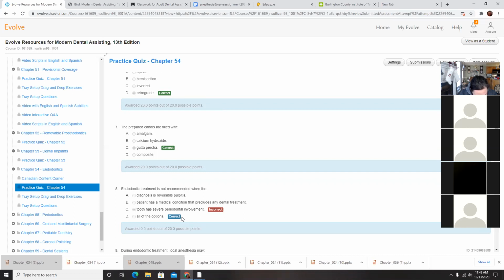So according to our book, reversible pulpitis occurs when the pulp is irritated and the patient is experiencing pain to thermal stimuli. With reversible pulpitis, eliminating the irritant and placing a sedative material may save the pulp.